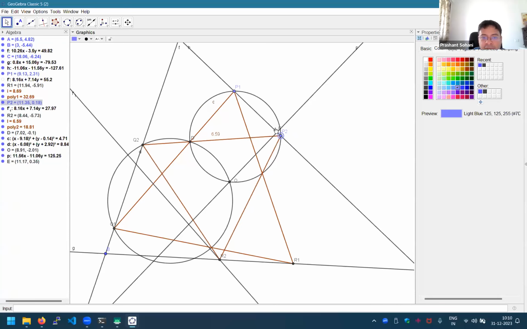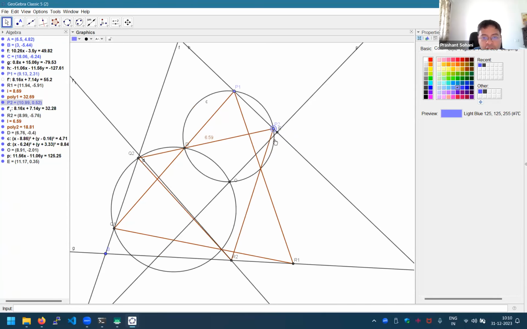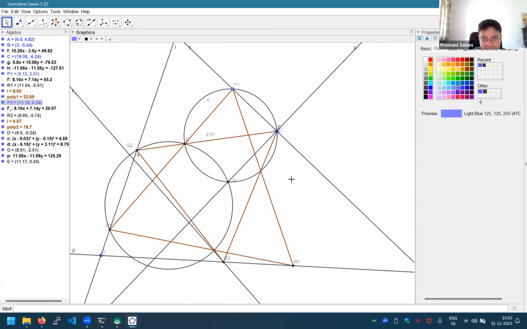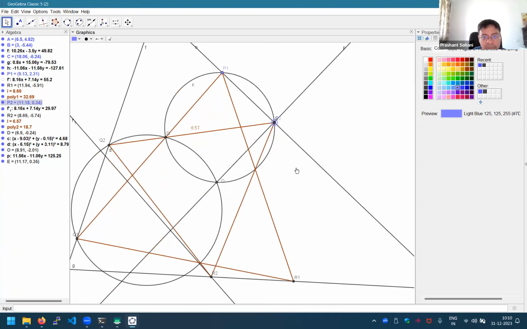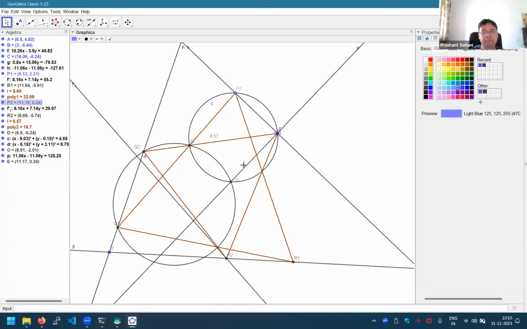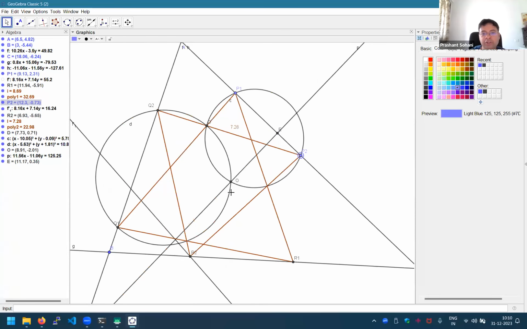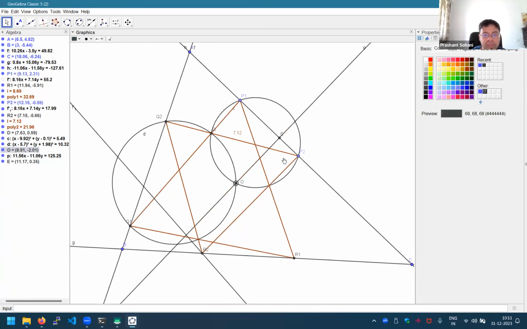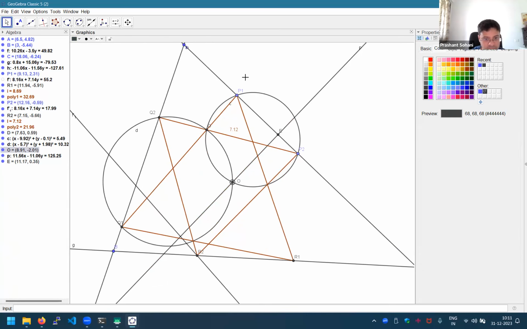Here it is 6.57, and again it starts to increase. So clearly, this is the point where this distance is as small as possible. Okay, so that part is not difficult to understand, but the reason why this works is that this point O is fixed. That is the mystery that we have to solve. Why does this point O not change?